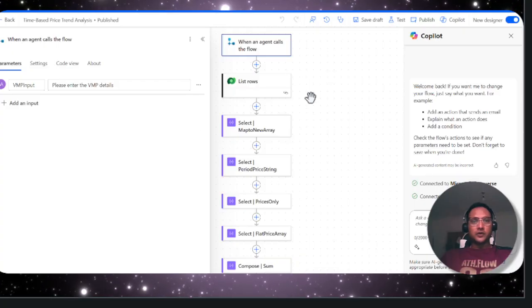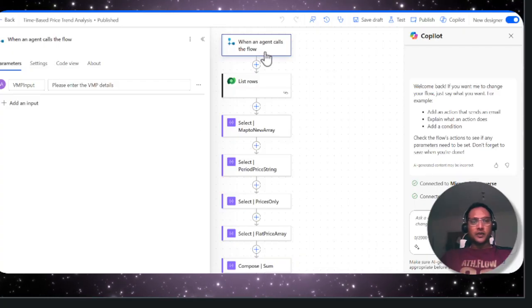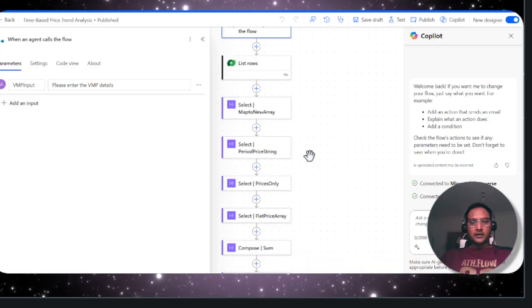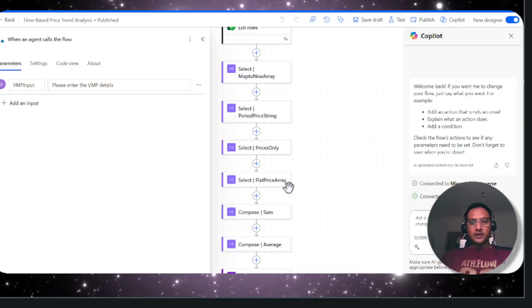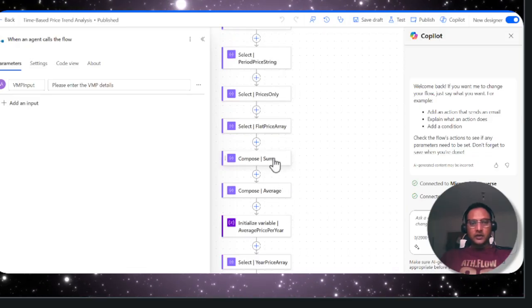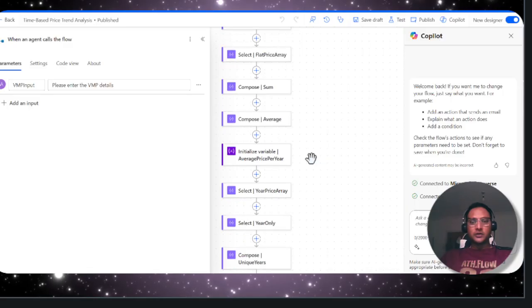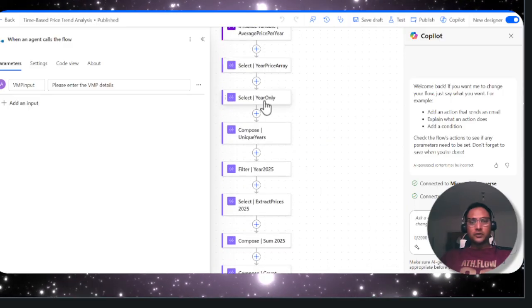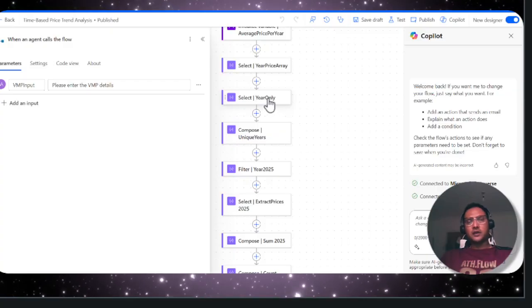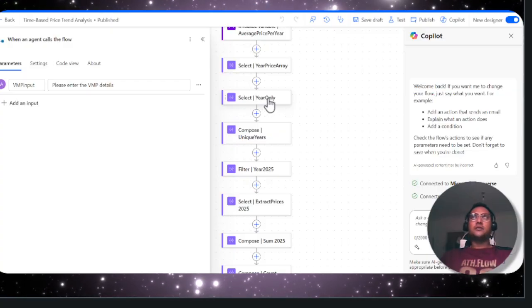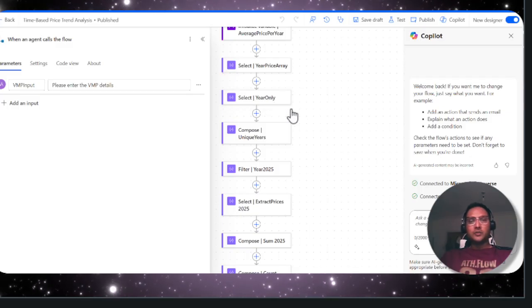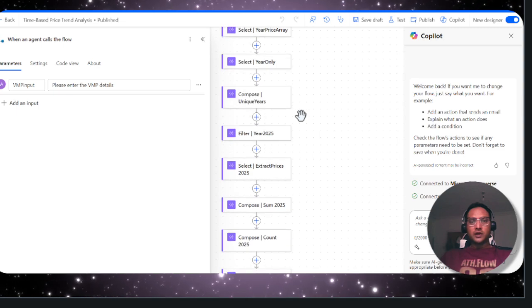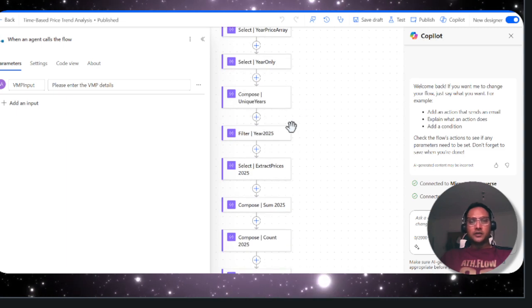Again, I'm passing in a medicine here, selecting the price, summing it up and averaging it out. I'm considering that you have the data for 5 years, so for however many years you have that data, I'm splitting it up by year.